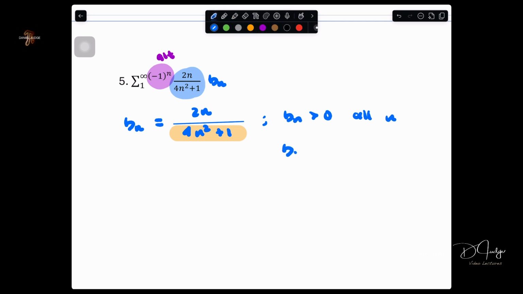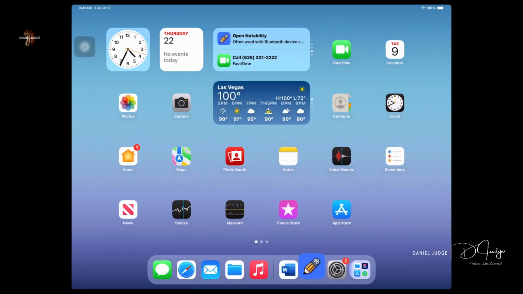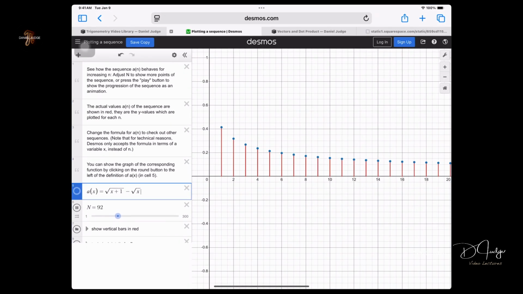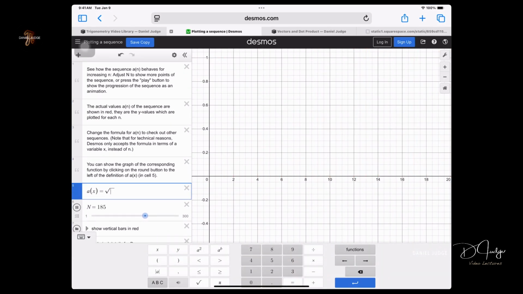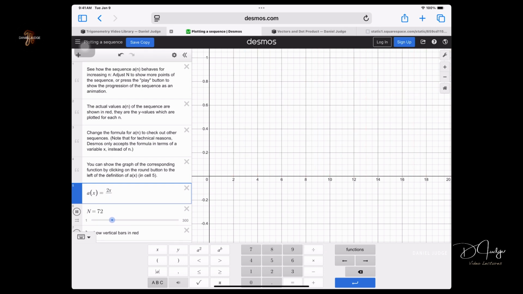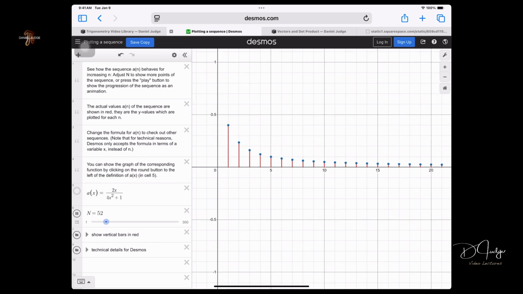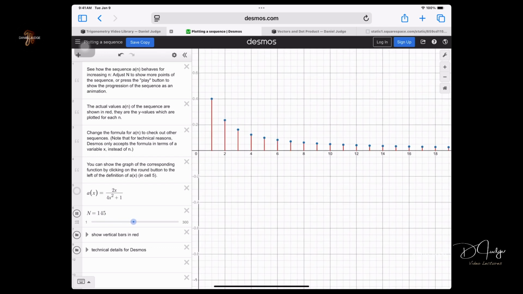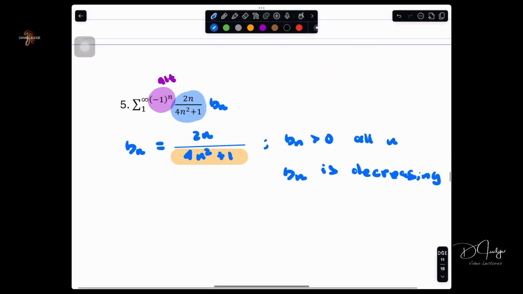So this suggests that b_n is decreasing. And as you guys can see in Desmos, that's sure enough exactly what's happening here. So we have a decreasing sequence. All right, good.